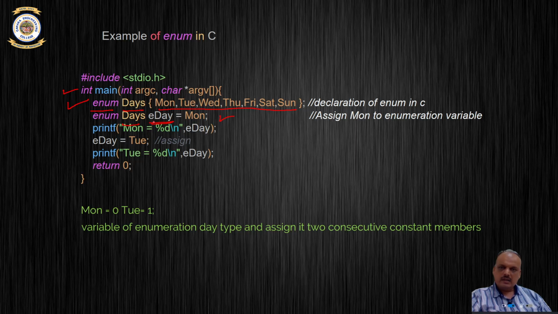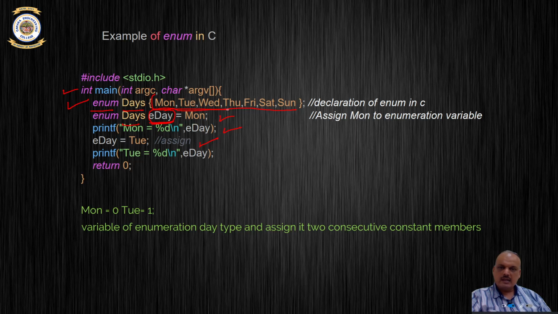So out here the eday is being assigned Monday, and then I print the value of what is stored in this variable eday, which is of the type days. Then I can also assign the same variable eday to another value in the enumerator list, that is Tuesday. So this variable eday can take values only from this particular list.